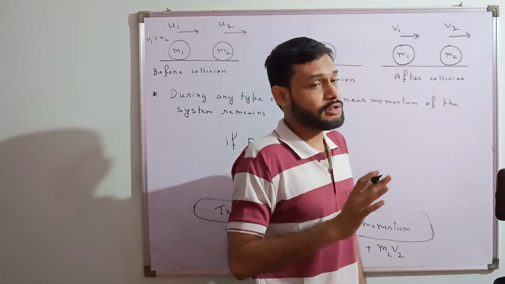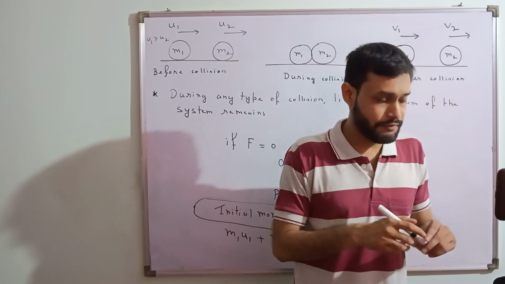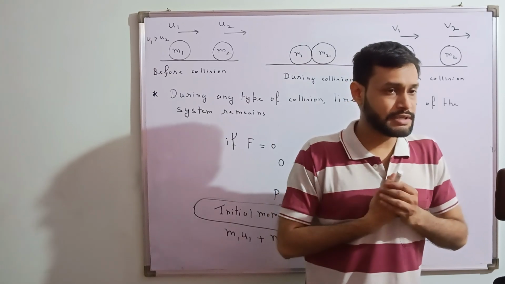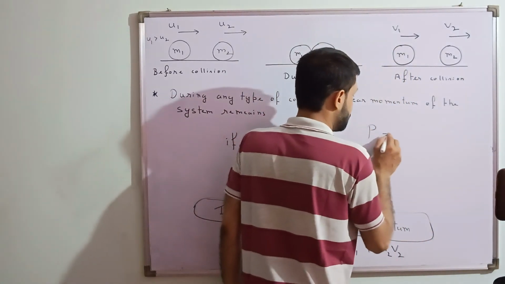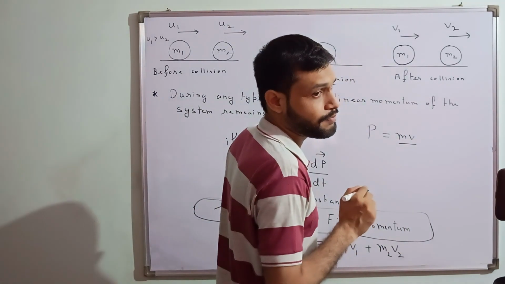Linear momentum is also constant and angular momentum is also constant. When an object is moving in a straight line path, we call its momentum, mass into velocity, linear momentum also, because it is moving in a straight line path.